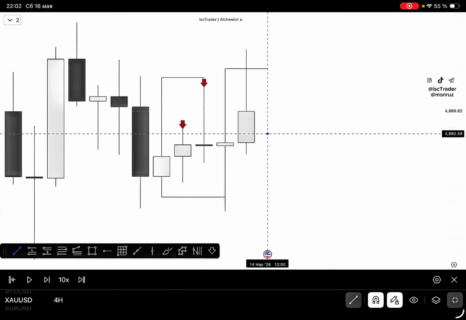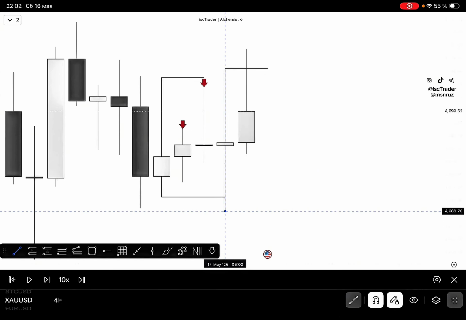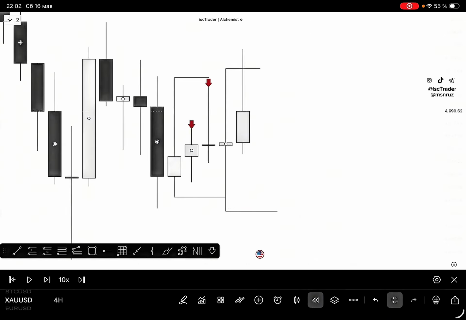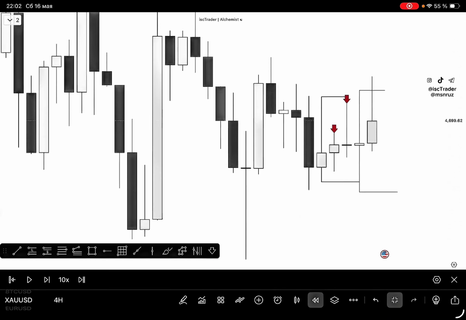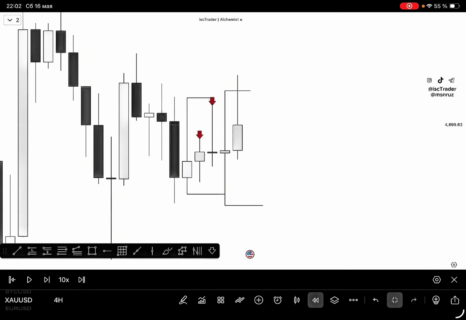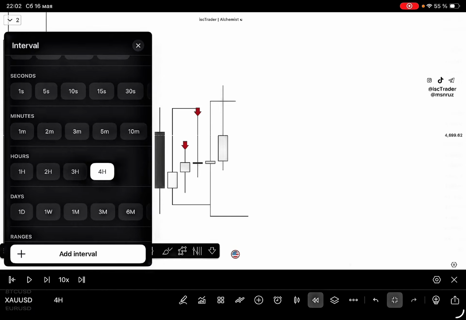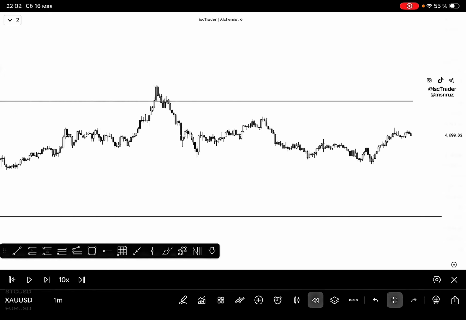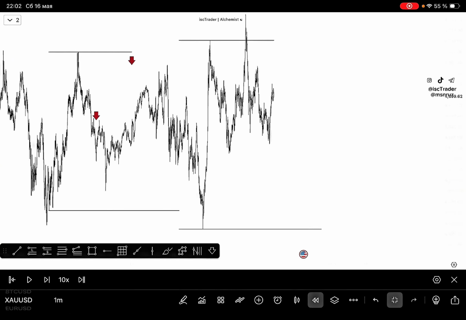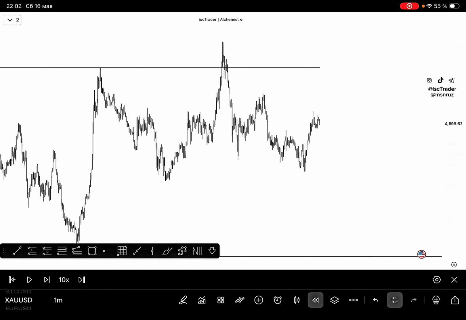If the market gives confirmation, you can certainly enter a trade. If there's confirmation, you can enter the trade. Let's switch to M1.